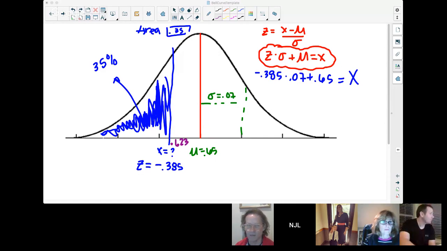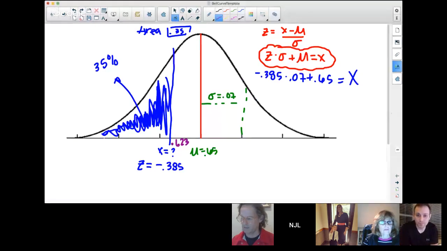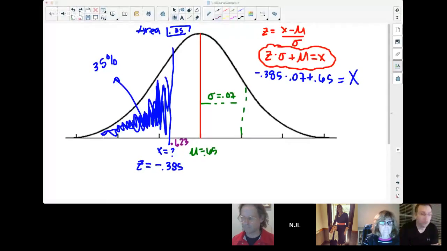From the above, we know that the standard deviation was 0.07, and the mean is 0.65. So it would be the z-score times the standard deviation plus the mean. That was a perfect explanation.